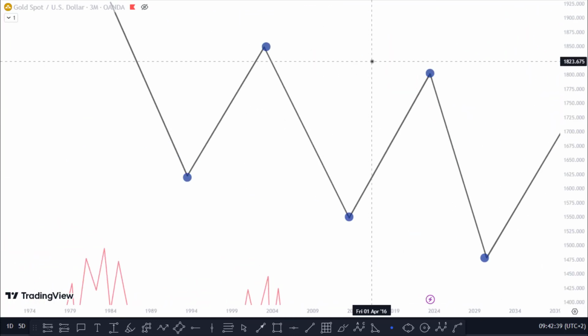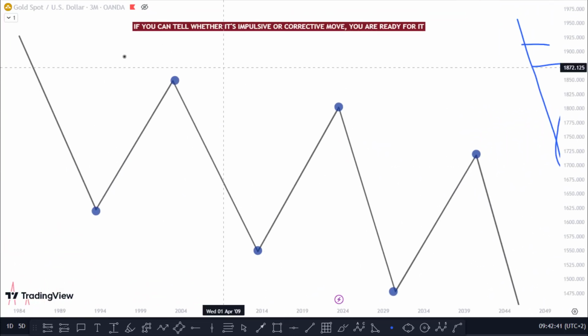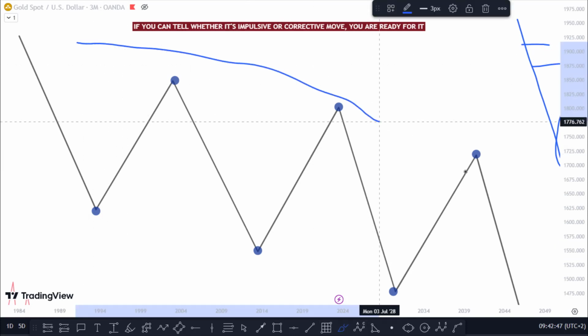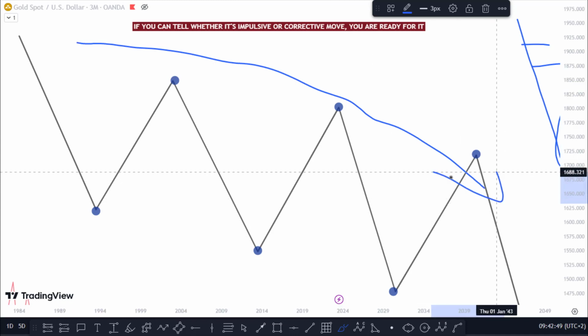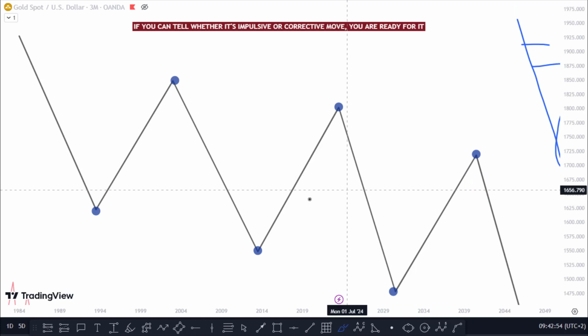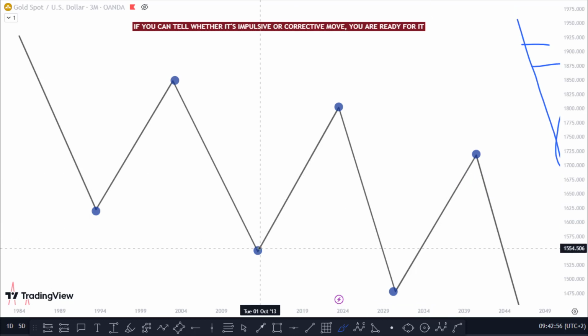So on this time frame, let's say this is a monthly time frame, this is a bearish trend. If you change to another time frame, a corrective move here, you're going to see a correction forming like this.